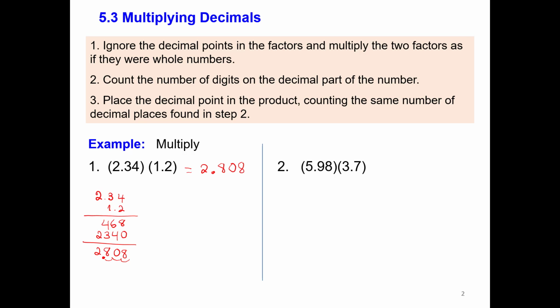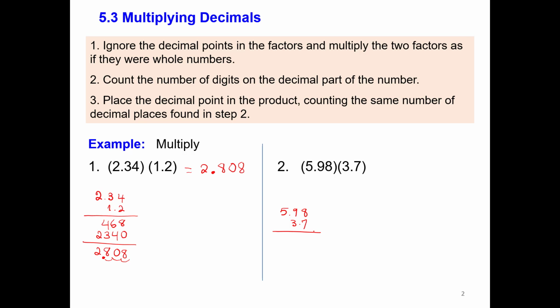Let's try it with the next one. We want to multiply 5.89 times 3.7. Then we multiply the numbers, ignoring the decimal point.